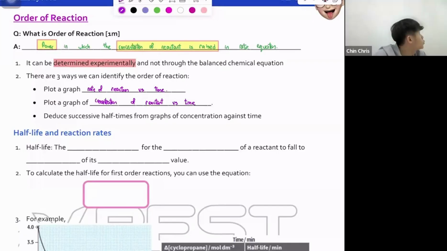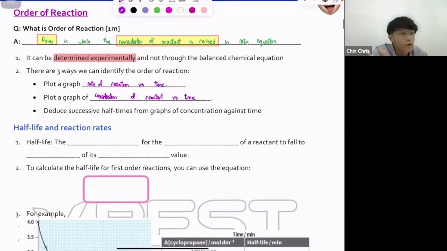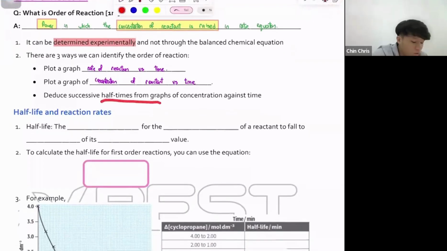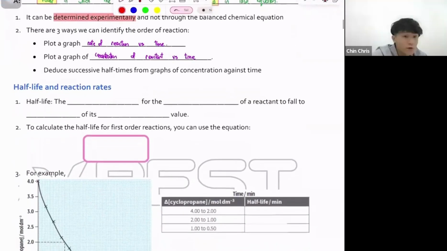Two methods only. We can also deduce the successive half-life from the graph of concentration against time. Now let's look at the half-life.